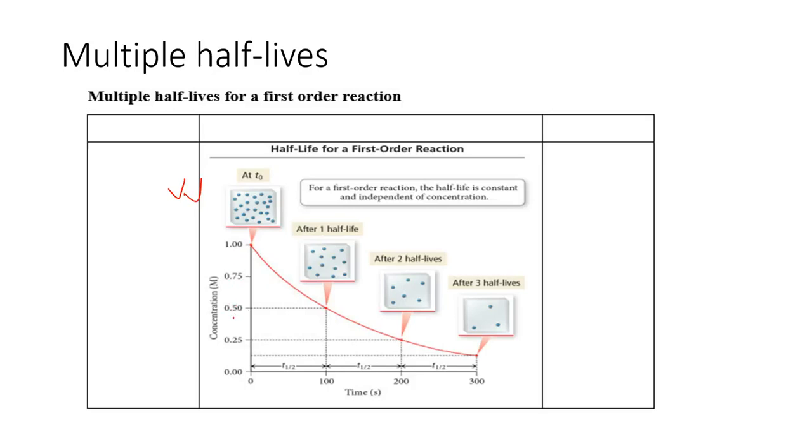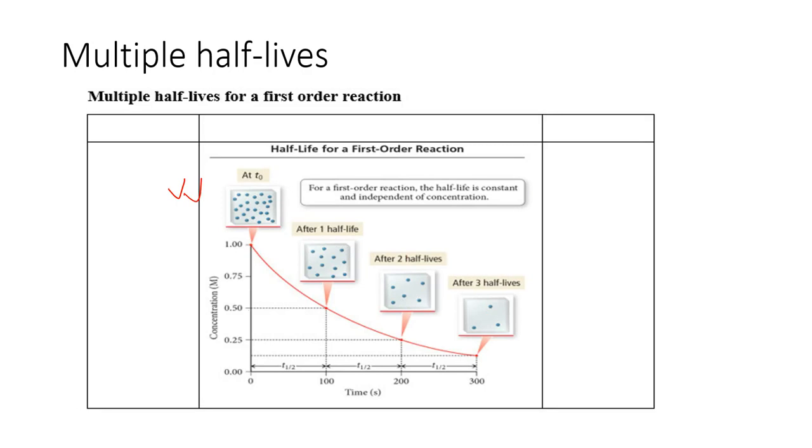The second half-life will be given by 0.5 divided by 2, which is 0.25. The third half-life will be given by 0.25 divided by 2, which is 0.125. So from 1 to 0.125, we have 3 half-lives: first half-life, second half-life, third half-life.